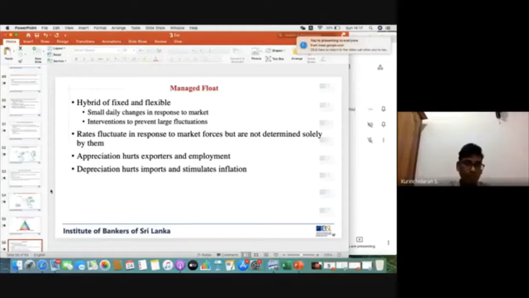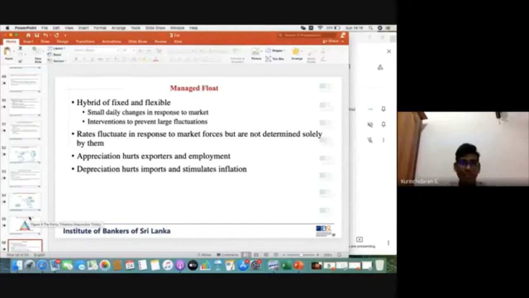Okay, so this is in line with fixed and floating exchange rates. We also discussed the impossible trinity, and now we are going to see managed float. It's a hybrid, as I explained, of fixed and flexible. So there are small daily changes in response to the market, a lot of small changes.